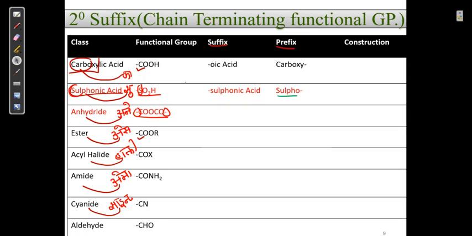Suppose here I have to construct, then alkanoic acid. Remove this one and write alkanoic acid.